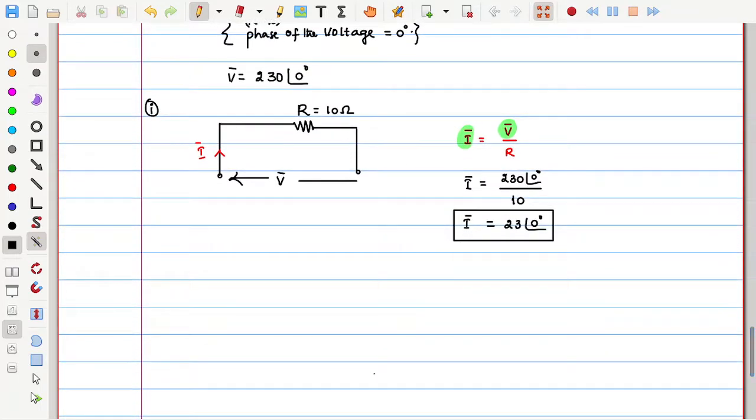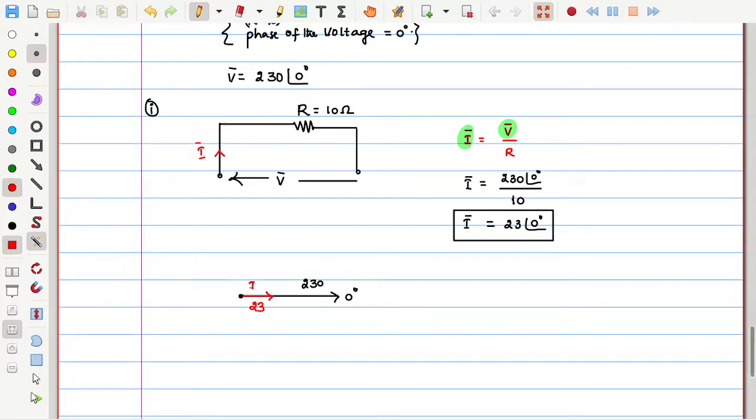Now we can put these two things into phasor form. The voltage is existing at an angle of 0. How much is the voltage value? 230 means this line length is 230 equivalent. What about the current? The current is also existing at the 0 degree position, but its length is a lesser value. So this is 23.